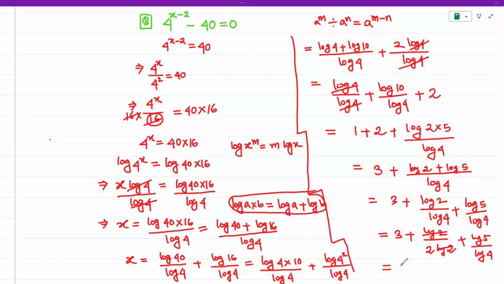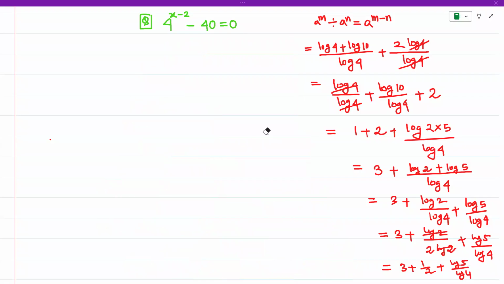So we got 3 plus 1 half plus log 5 over log 4. Okay, so if we simplify that, 3 plus 1 half, we got 7 by 2 plus log 5 over log 4, we can write that log 2 power of 2.